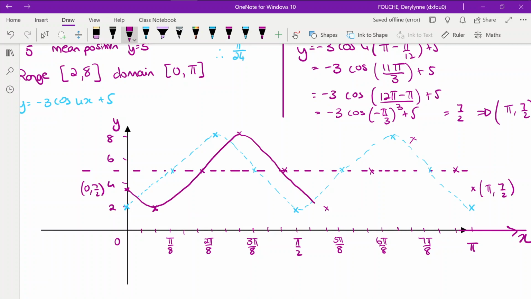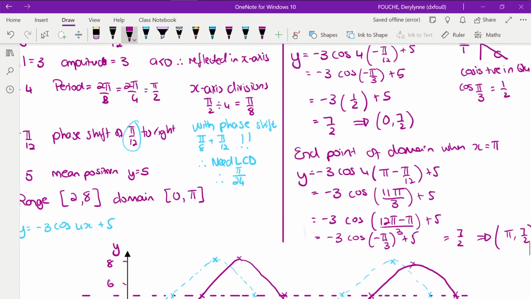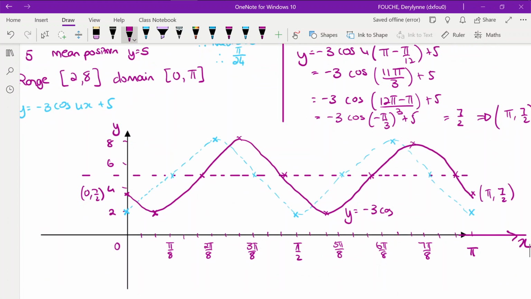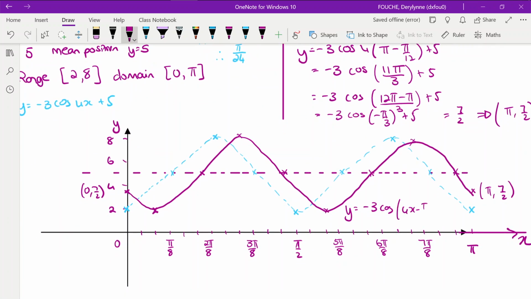And there it is. Y equals negative 3 cos of 4x minus pi on 3 plus 5.